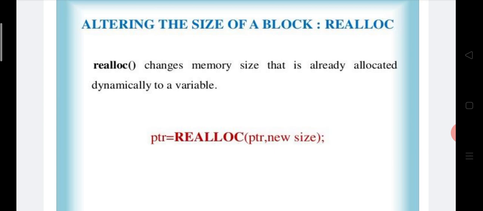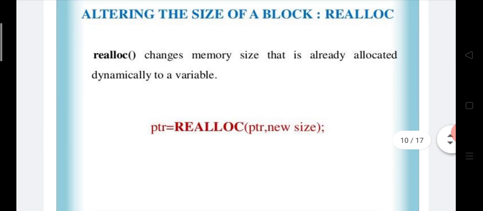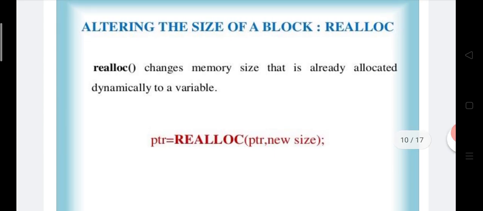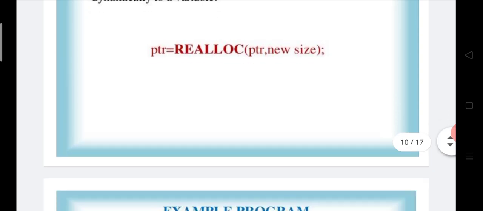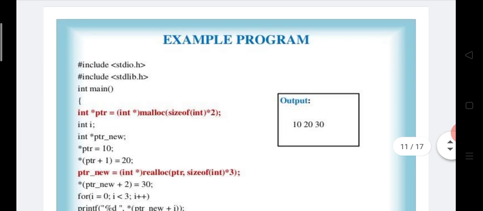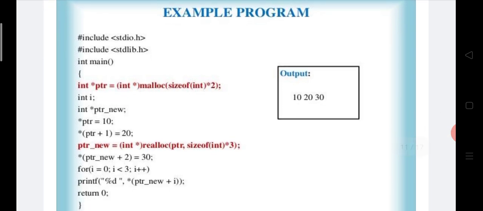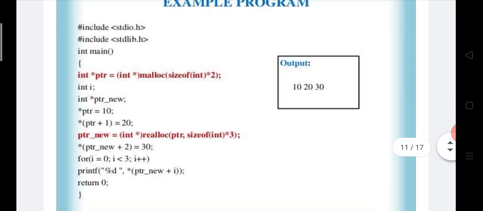For example, we already allocated size 10, and afterwards we require size 15. Then we can reallocate by using the realloc function, and the allocated size is assigned to the pointer variable ptr. For example, first we will allocate memory by using the malloc function at runtime.